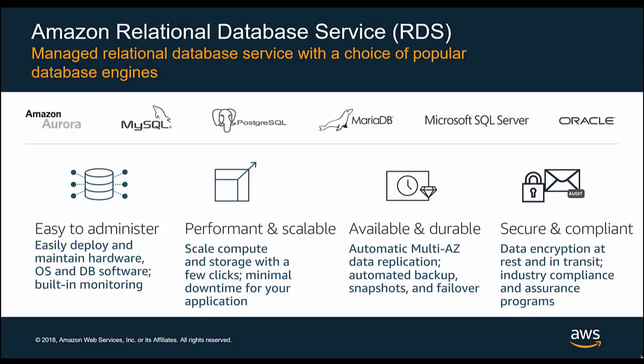And so in a standard organization, you might spend a considerable amount of resources just doing those things. What Amazon Relational Database Service does is it offloads some of what we call that undifferentiated heavy lifting, and we can take care of that for you.